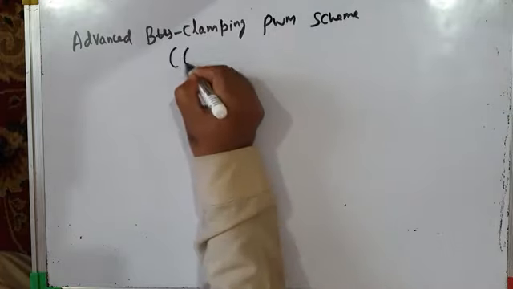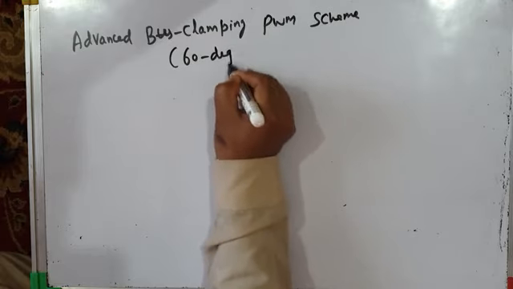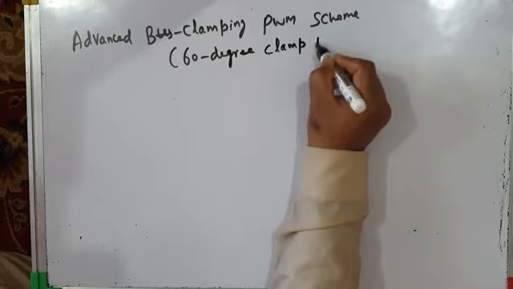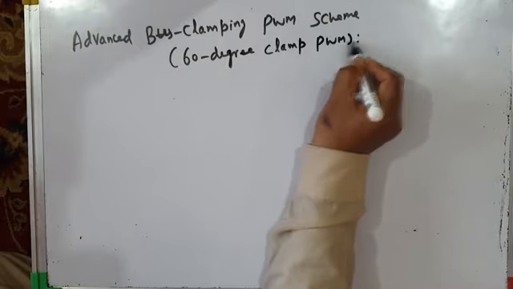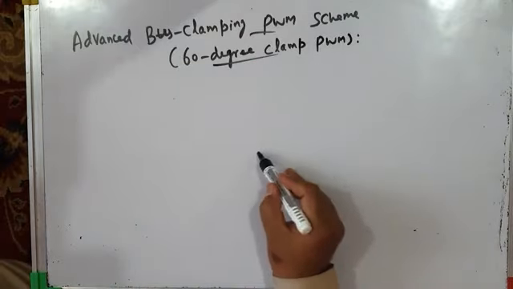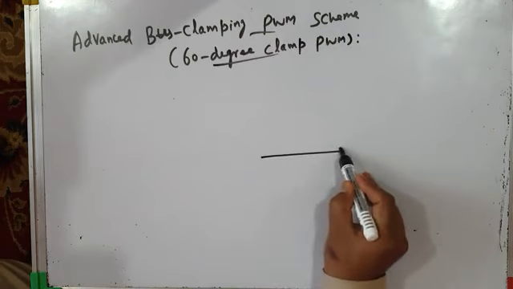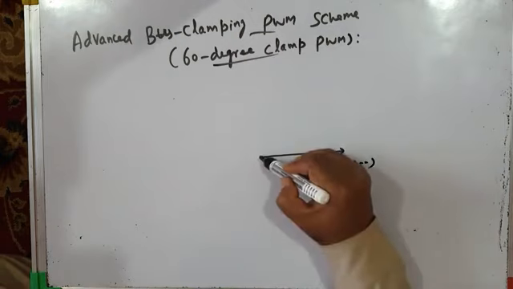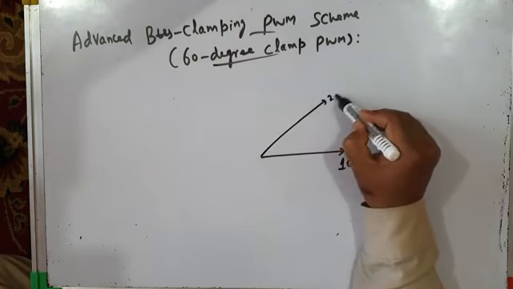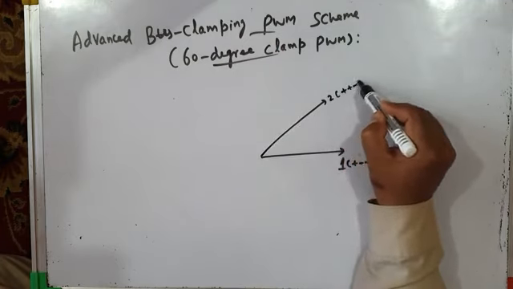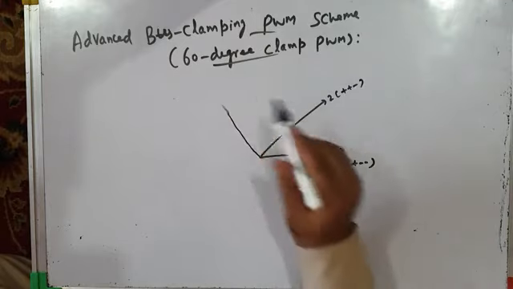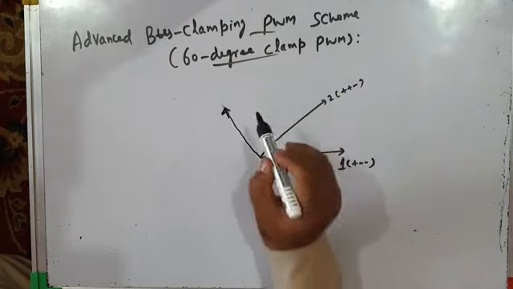Like we will have 60-degree clamp PWM. It can give rise to 60-degree clamp PWM like this. So let me draw the space vector diagram. This is active vector 1. This is active vector 2. This is active vector 3.